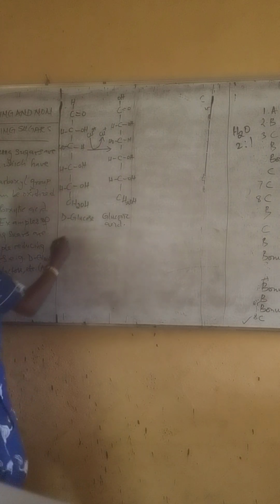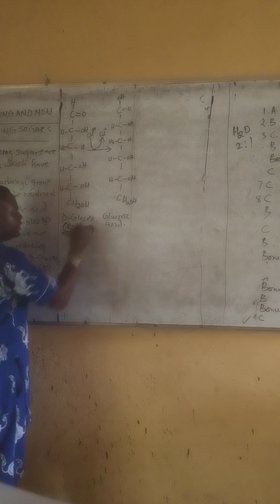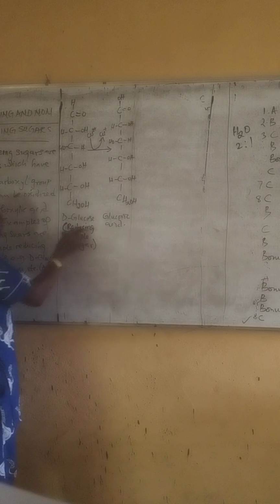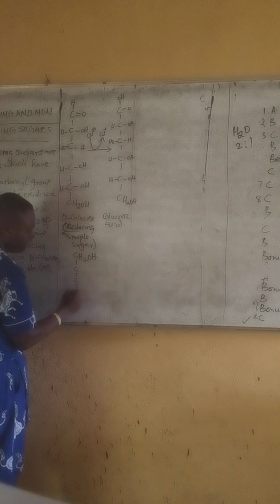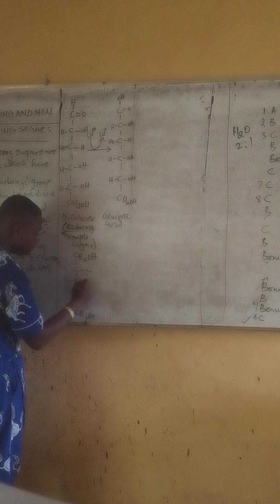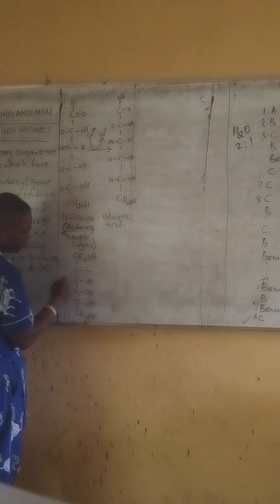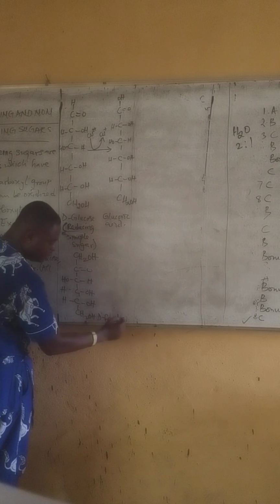Now compare it with fructose. This is a reducing simple sugar. Glucose is a reducing simple sugar, but fructose is not. Fructose, D-fructose, and it's a what?